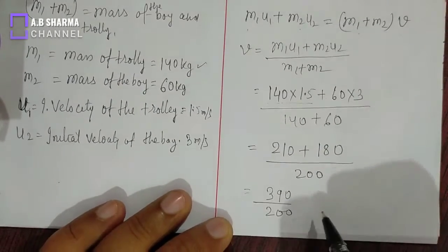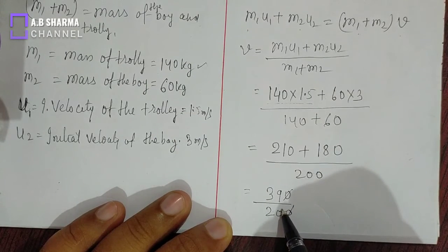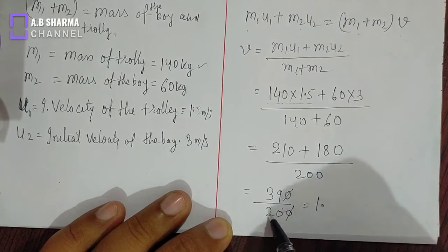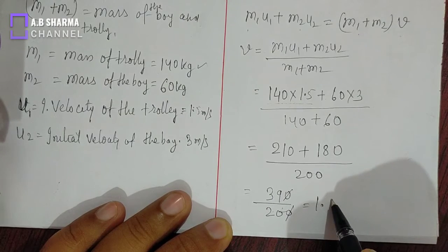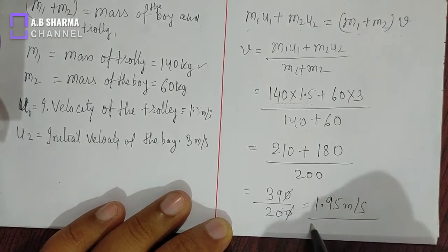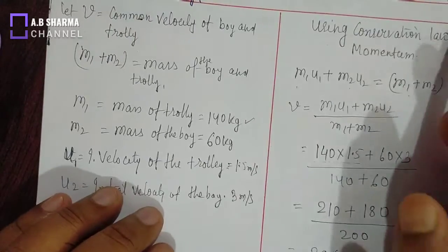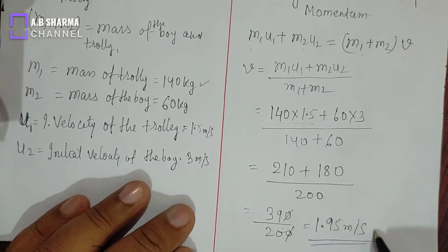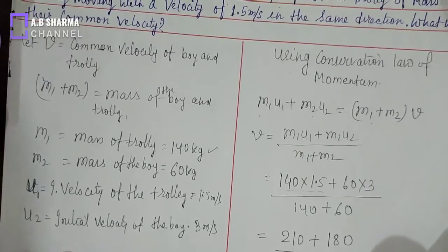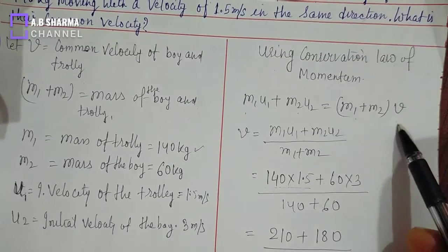Calculating this, we get 1.95 meter per second. This is the common velocity of both the boy and the trolley. So this is how we solve the question using the conservation law of momentum.